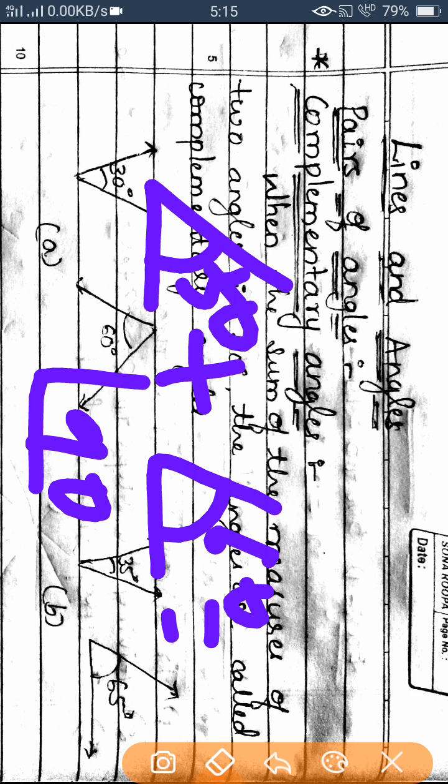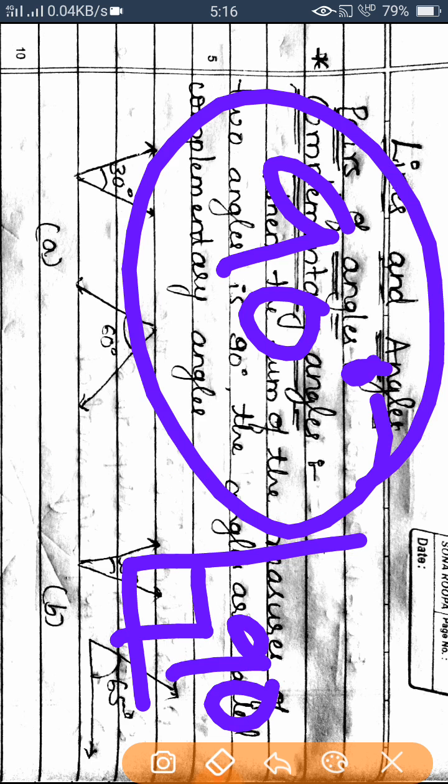Or you can join the angles practically side by side, keeping a 60 degree angle beside a 30 degree angle, and you get 90 degrees.